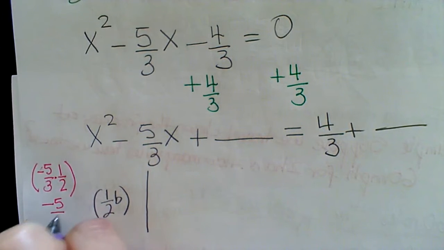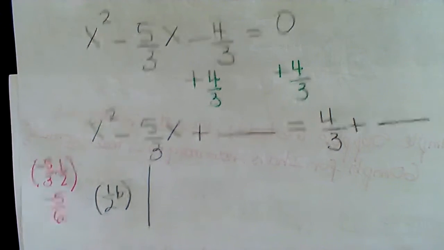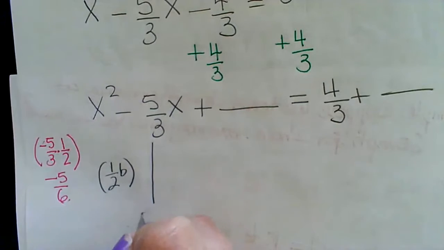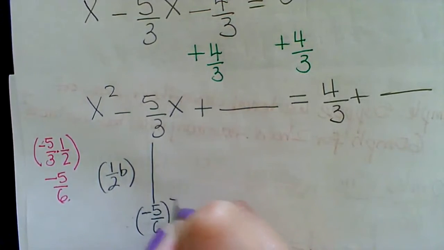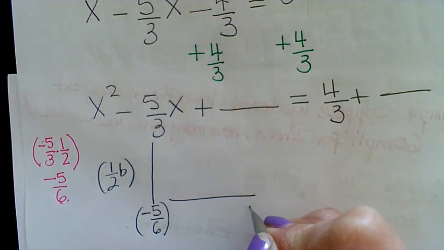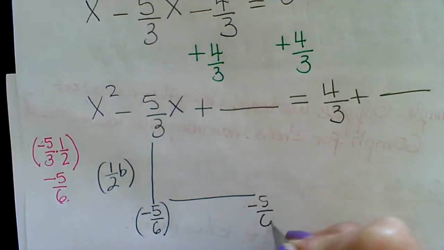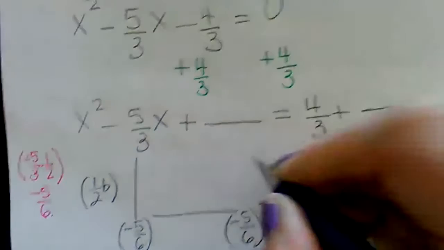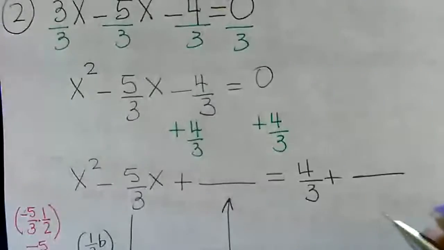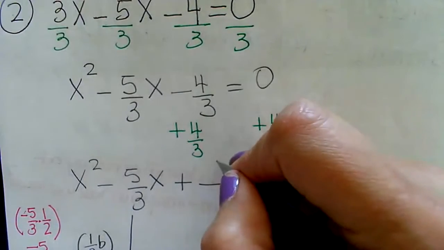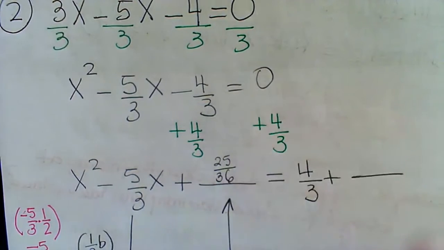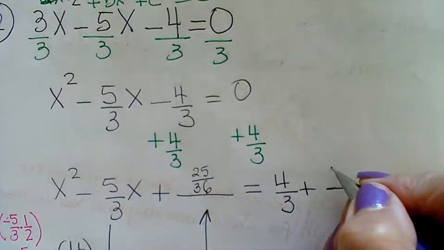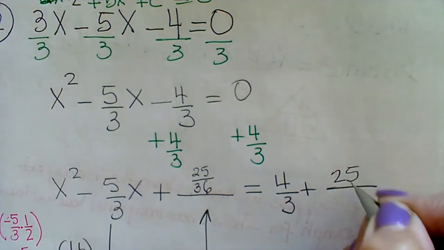Negative 5 over 6. So this is what half of b is going to be. Now, when I square this one, what do I get when I square that? I get 25 divided by 36. And I'm going to add that on both sides of the equation.